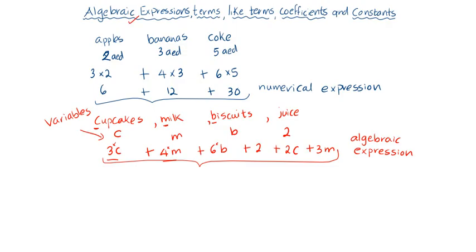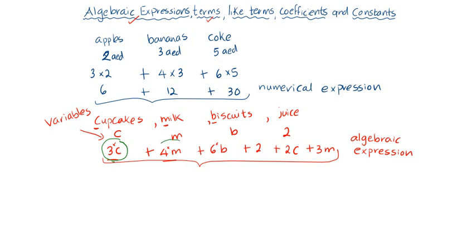Now let's see what terms are. Terms are the parts of the expression that are separated by the pluses. The 3C means 3 cupcakes. Although it looks like it's two things, it's actually one thing, so we call this one term.